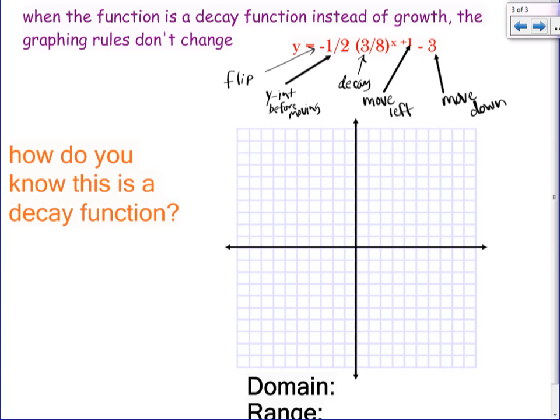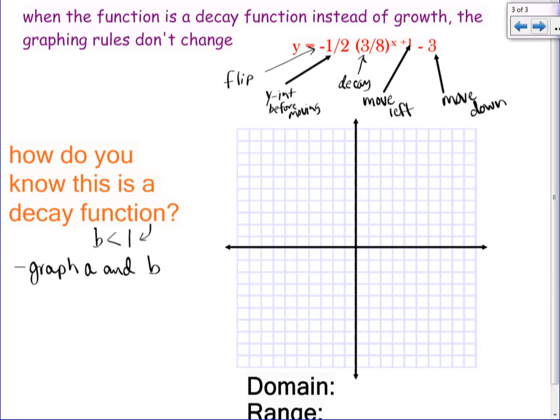So here's what that one looks like. Now remember, okay, so that's the answer to that. B is less than 1. We're still going to have the same 3 steps. So we're going to graph A and B first. So we're looking at the 1/2 and the 3/8.